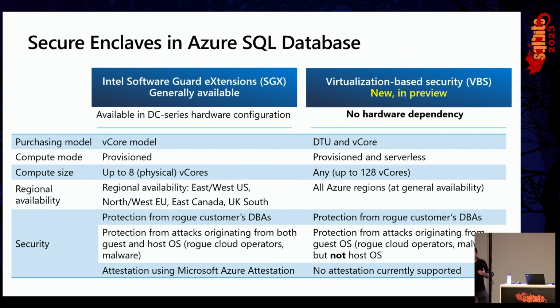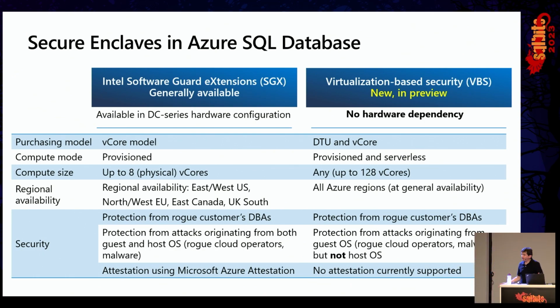Also, we are currently lacking the attestation solution for VBS enclaves, which would allow your application to verify that the enclave hasn't been tampered with by an attacker with admin access at the OS level. So that's another weakness compared to SGX.